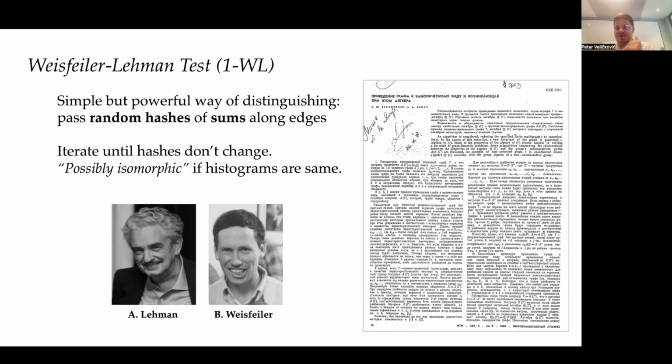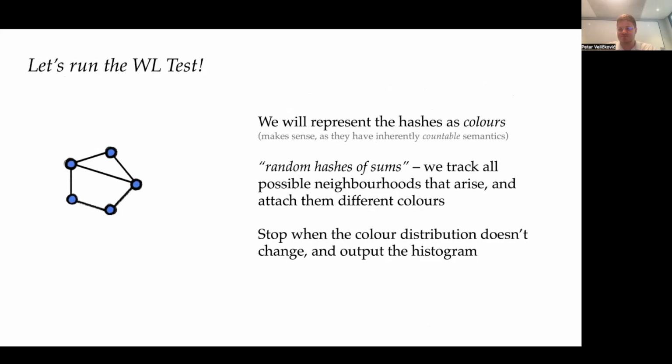And if the hashes are the same in histogram terms, then the algorithm says these two graphs are possibly isomorphic. It was a procedure invented by two Soviet mathematicians, Boris Weisfeiler and Andrei Lehman. And basically, it's a very simple procedure that works remarkably well for most real-world graph structures.